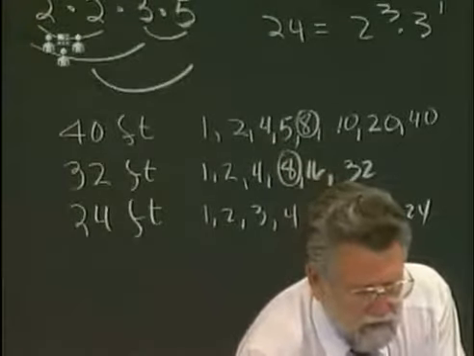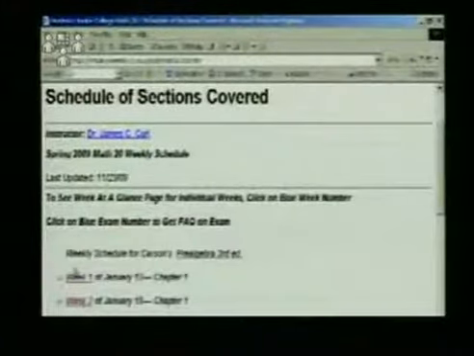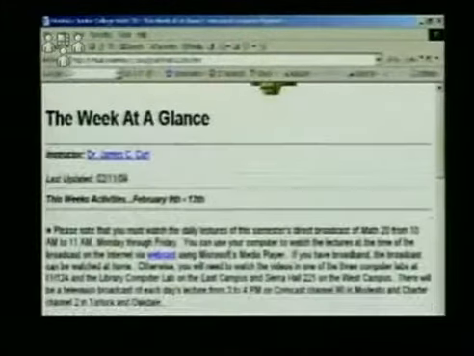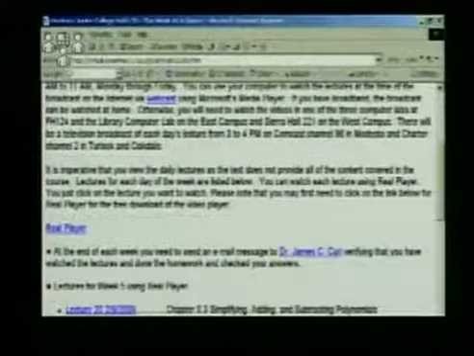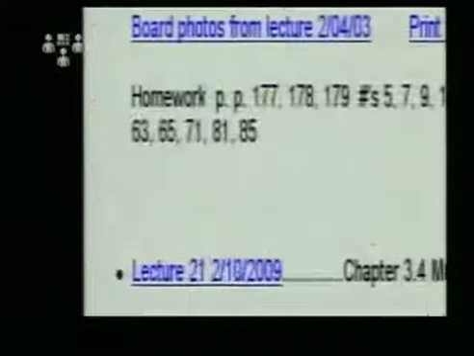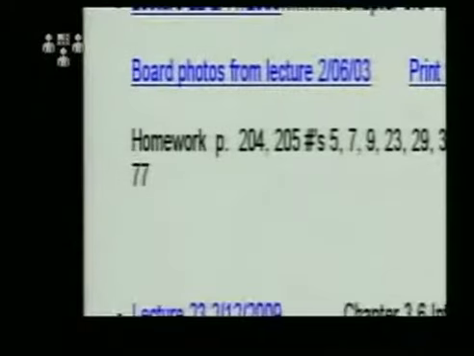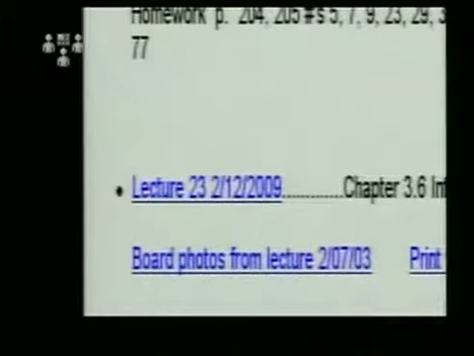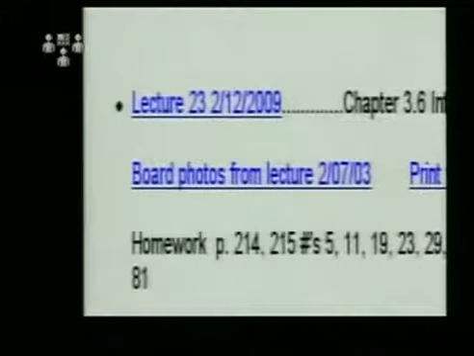What I'm going to do is come to the spring schedule, and I'm going to come down to week 5, which is where we are, and slide down there and try to get what I wanted. This is the assignment on 3-6, and if we look down there, they're the homework problems.